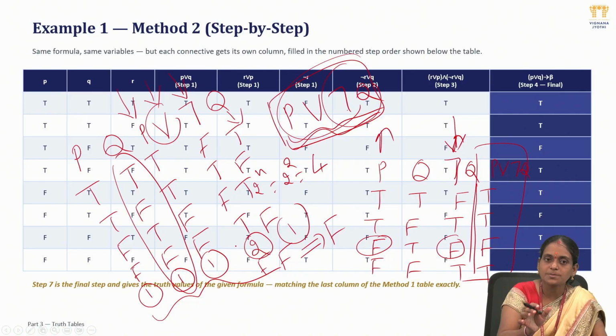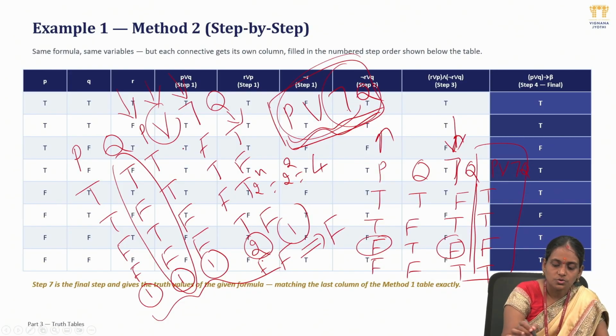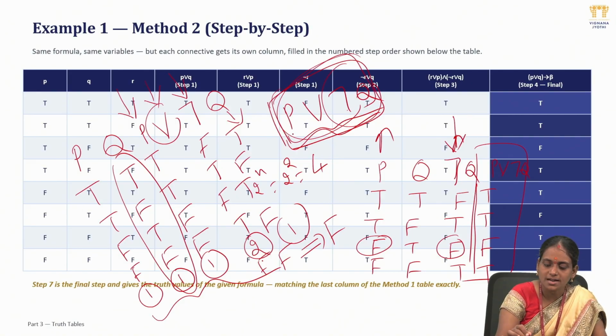You are applying a connective on a particular column, so you have to change the step number. 1, 1, 1 is nothing but as it is, we are not applying any connectives, whereas 2 is where we applied a connective on the corresponding column. So this is the second step, the negation result. Then we have to go for the complete formula, that is P or negation Q.